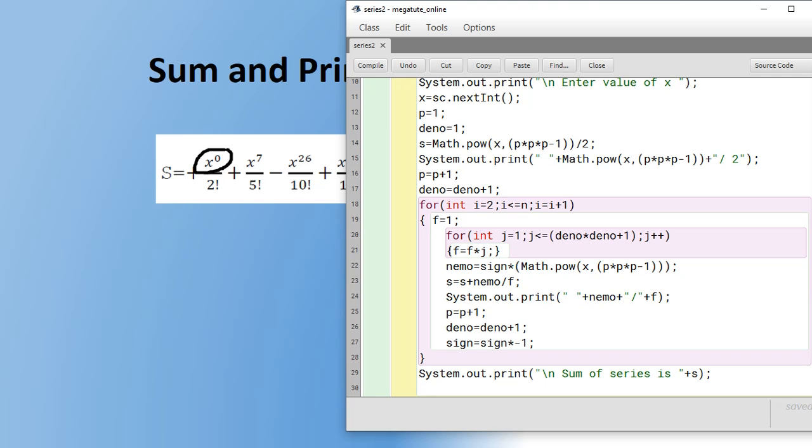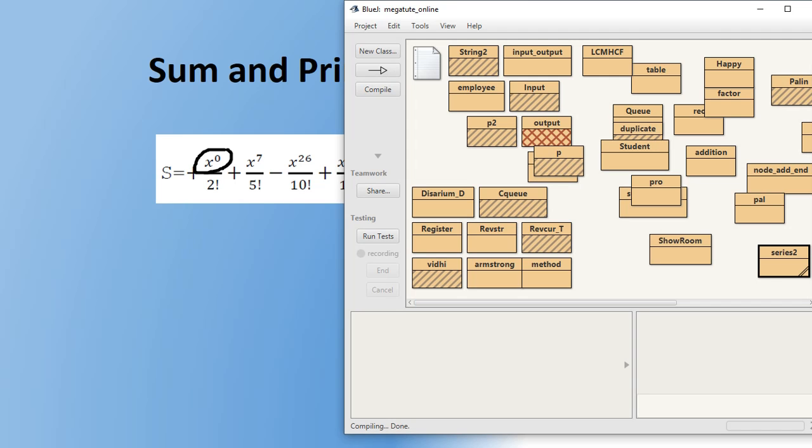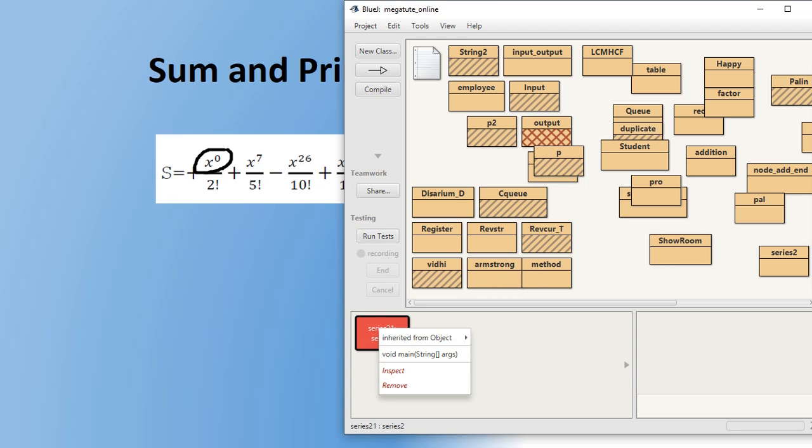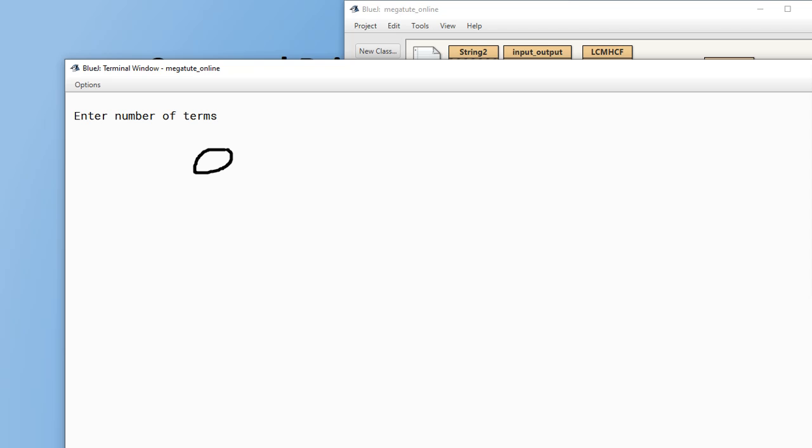Okay, let's run it. It compiles with no error, so I'll go to the main screen and try to run the series code. Here it goes. So I'm running void main. I'll just scroll this side.